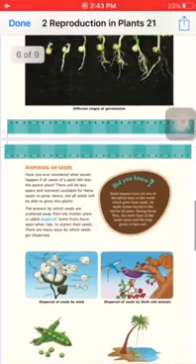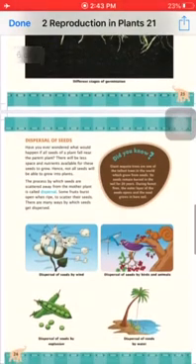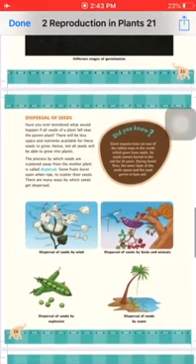Next is dispersal of seeds. Dispersal of seeds means scattering of seeds or transferring of seeds from one place to another. Why do we need dispersal of seeds? You can imagine that when a parent plant grows, it makes a lot of seeds for baby plants.